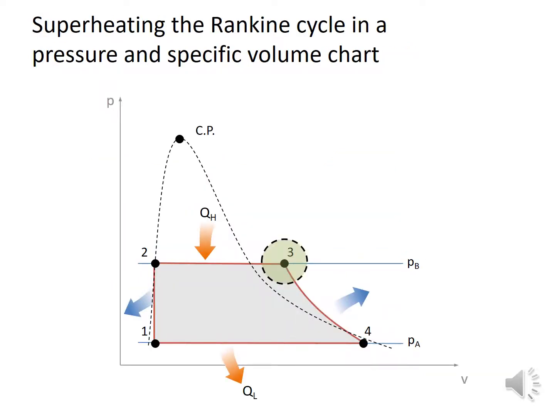And looking at this in a PV diagram instead, we see that, well, since this is constant pressure, we are just going to move a little bit out of the wet area here into the more dry area. And we're going to do so by moving it horizontally in this diagram.